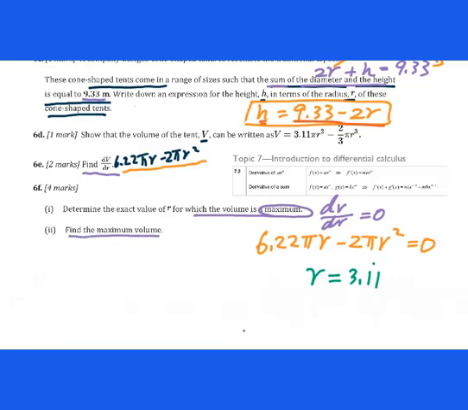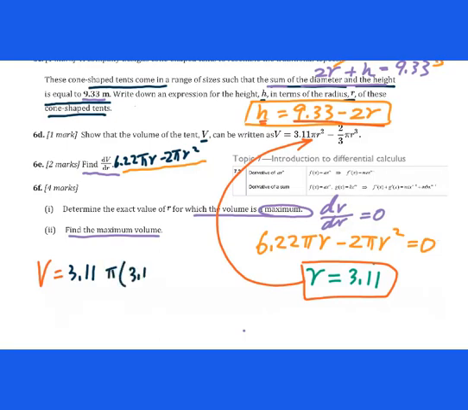Find the maximum volume. For this r equals 3.11, you need to plug into this formula. So volume equals 3.11 pi times 3.11 squared minus 2 over 3 pi times 3.11 to the third power. You will get 31.5 meter cubed.